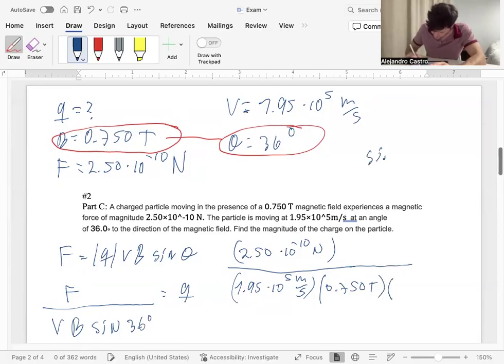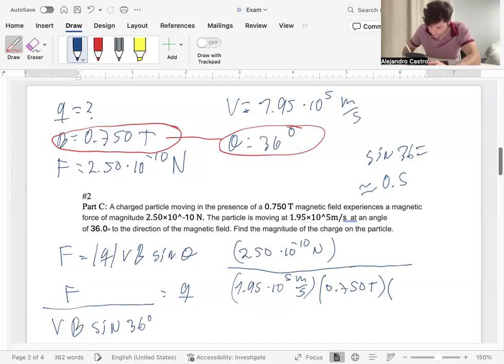Okay, we need to figure out the sine of 36, roughly.